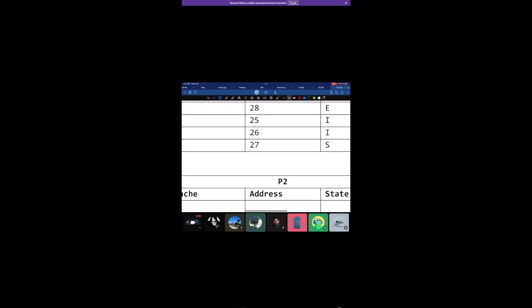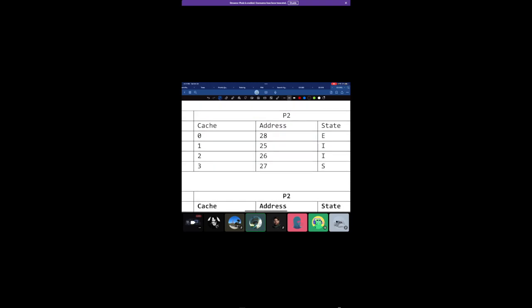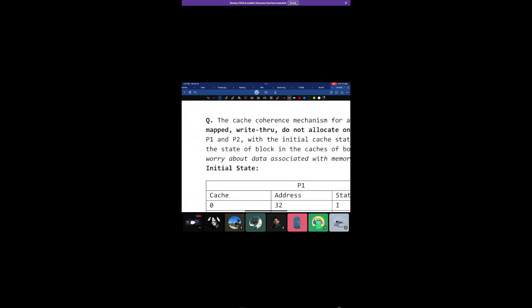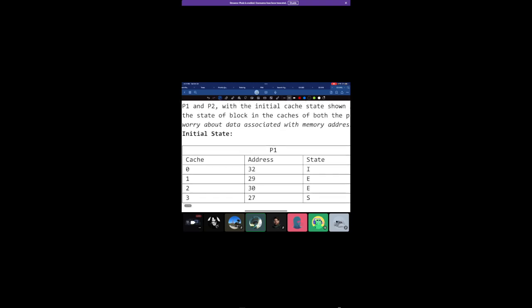So loading the number 12 into address 27 on processor 2. We see processor 2 already has address 7, meaning we get a write hit. We also see it is write through on write hit.